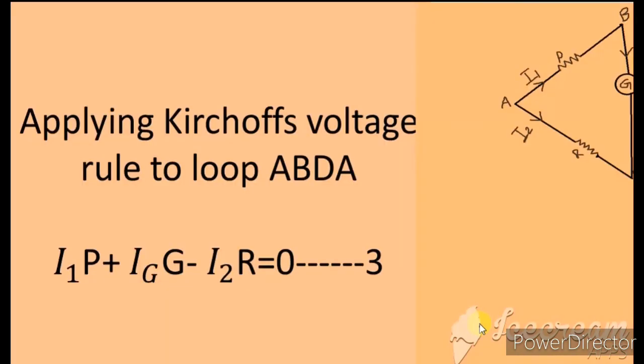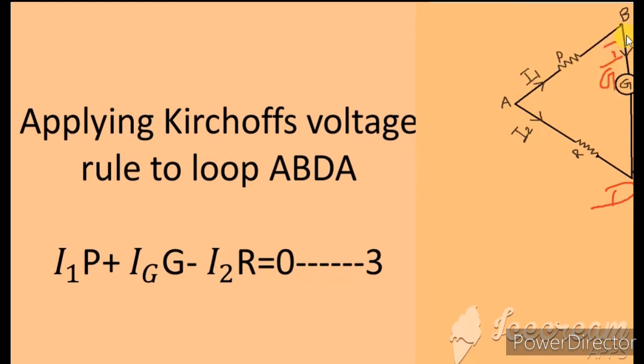Next is applying Kirchhoff's second rule. The second rule we are going to apply for the loop A, B, D, A. Here, the product of the current and the resistance. Here the current is what? I1. Is it not?